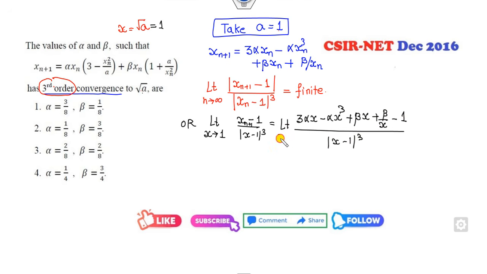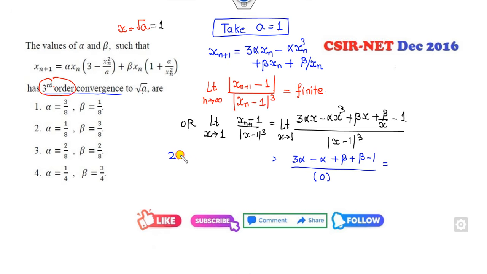Now you can take the limit x approaches 1. Since it has third order convergence, the limit should be finite. If I substitute this value, it is 3 alpha minus alpha plus beta plus beta minus 1 over 0. But we need the limit to be finite, so definitely the numerator must be 0.